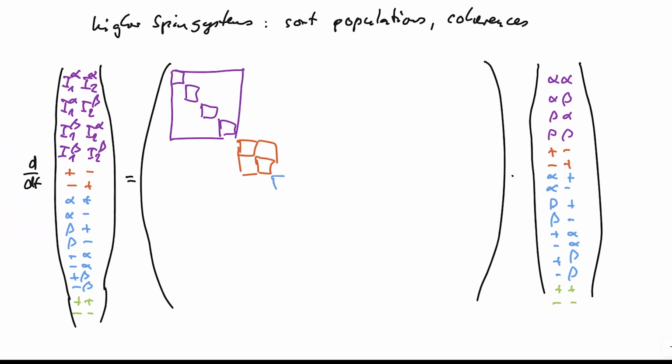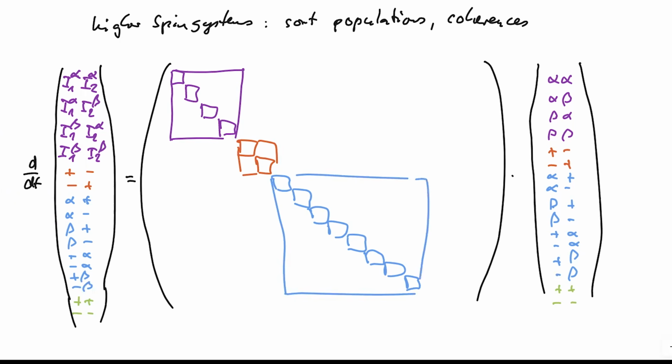Then we have 3, 4, 5, 6, 7, 8, and harmonic height here for the single quantum, then we have 2 more for the double quantum. And this looks almost like a kite. And that's why this is called the Redfield kite.